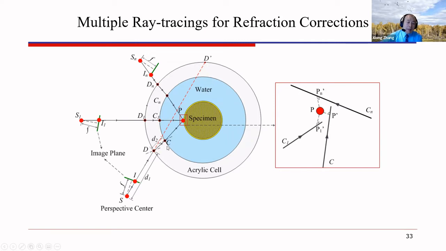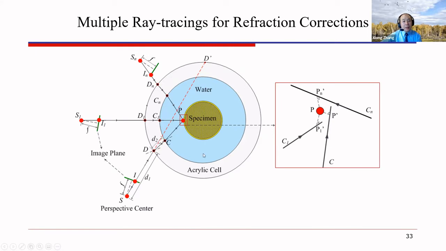We can find the inner cell point and the outgoing ray again. So this is the location where the light comes from to generate this image point at this image location, right?